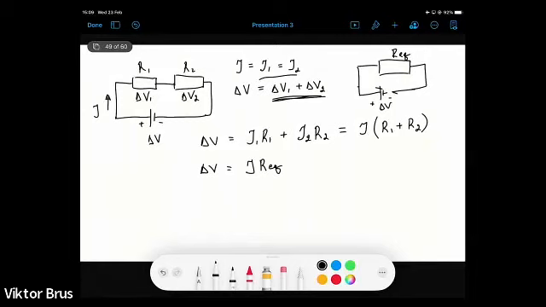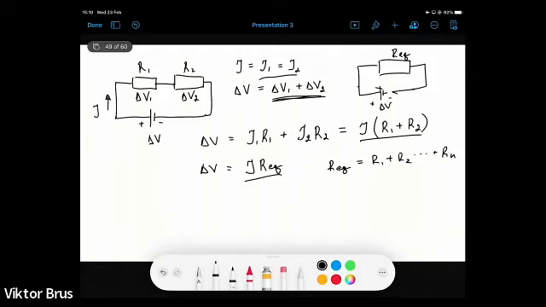So we can equate the right sides of these two equations, and that gives us that R equivalent is equal to R1 plus R2, or depending on how many more resistors we have connected in series, up to Rn. That is the rule for calculating the equivalent resistance of two or more resistors connected in series.